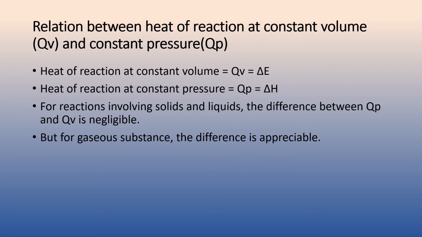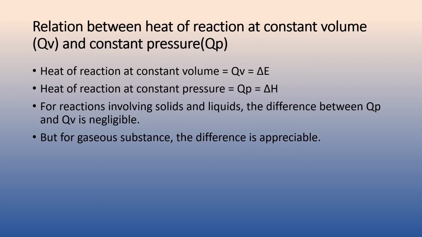First of all, let's see the relation between heat of reaction at constant volume, which is denoted as QV, and heat of reaction at constant pressure, that is QP. We have already seen that the heat of reaction at constant volume is equivalent to the change in internal energy, and heat of reaction at constant pressure is equivalent to enthalpy change.